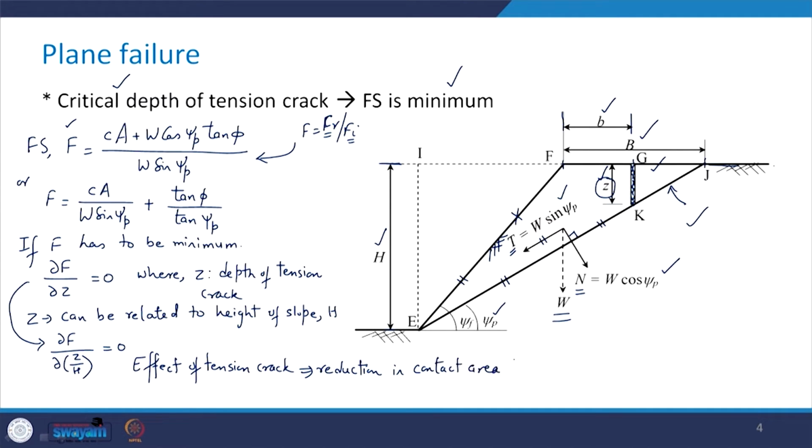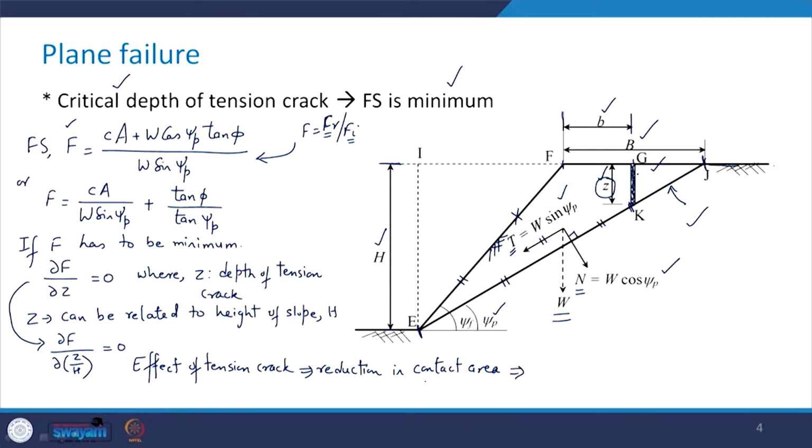Recall our discussion of the previous class. When this is not there, our contact area was from here to here. But since this tension crack occurs here, now the contact area will get reduced to only this, that is EK.